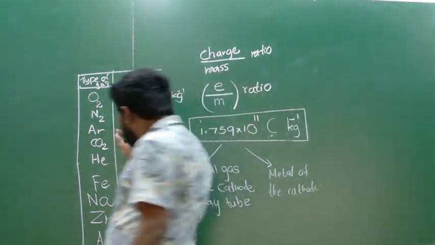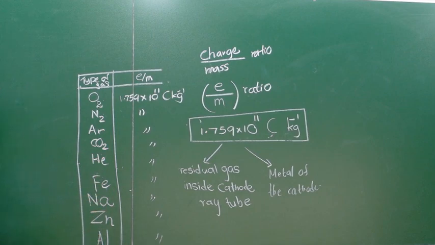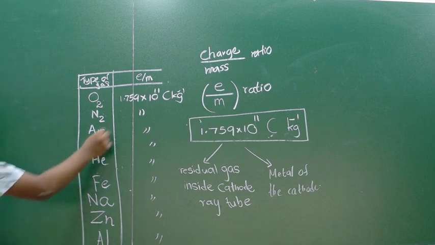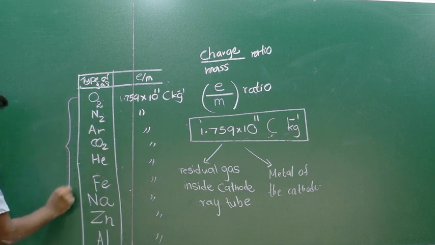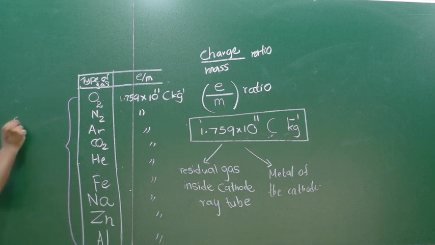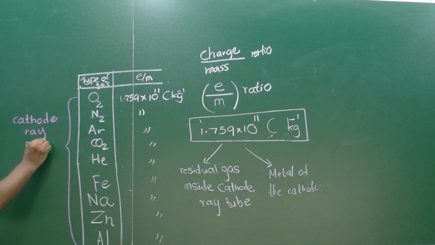Whatever matter we used inside the cathode ray tube, whether gas or metal, we obtain the same value for e over m. That means the cathode ray particle is common for any matter.